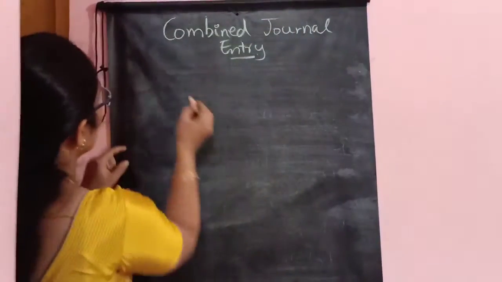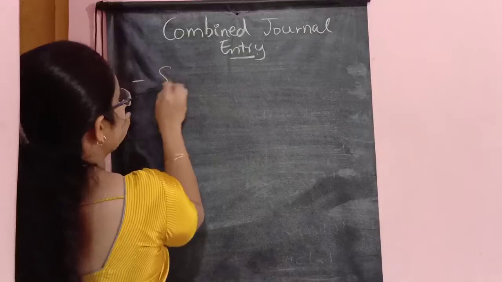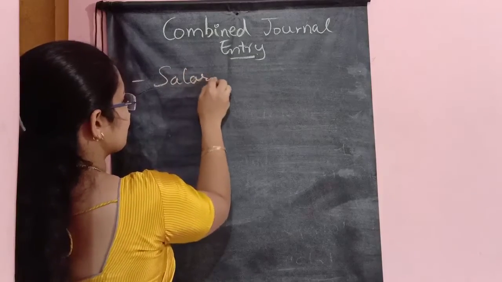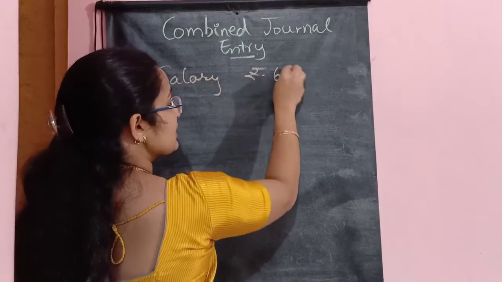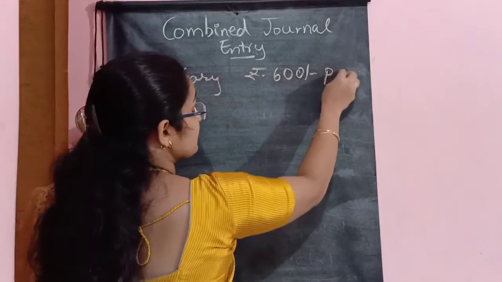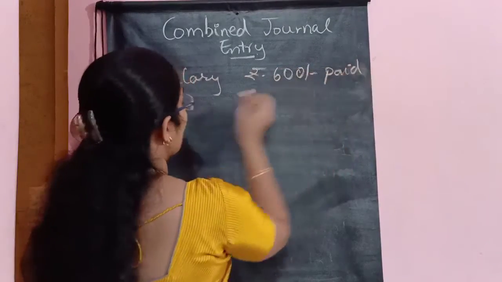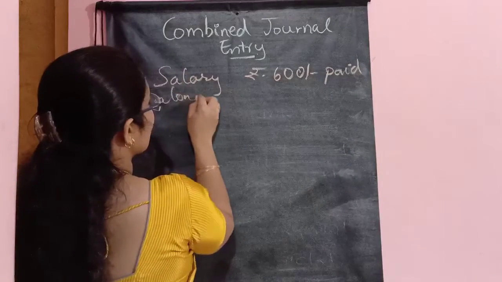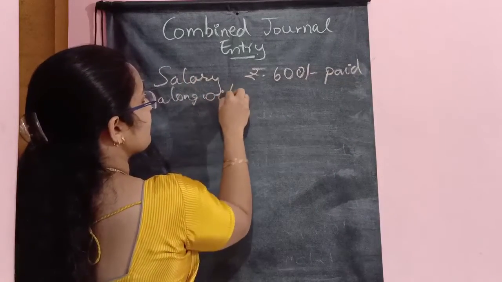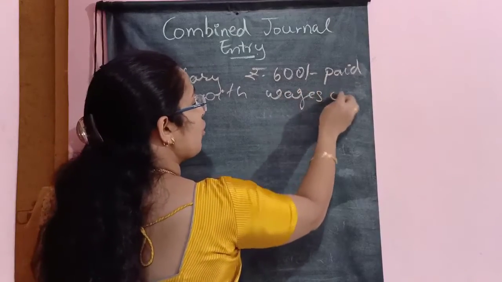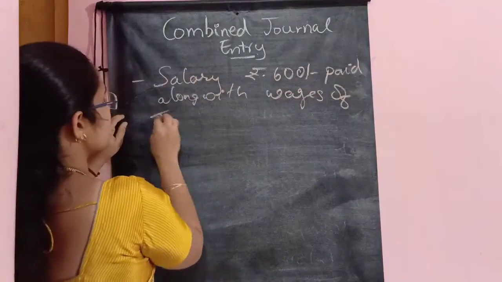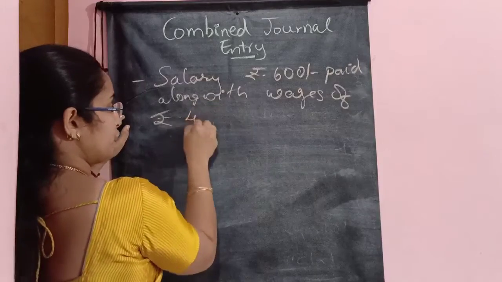Let's see an example. Let's take, for instance, salary rupees 600 is paid along with wages of rupees 400.